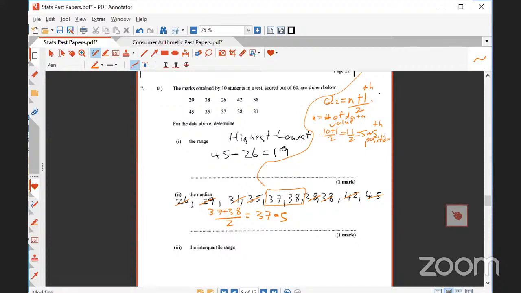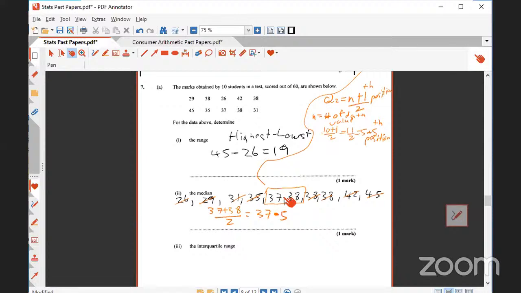If I go to the same numbers that I arranged in ascending or descending order, and again, you still have to arrange them, it says 5.5, so 1, 2, 3, 4, 5. But because it says 5.5, it's going to be somewhere in the middle of these two numbers. So we still would have to add these two numbers together, and whatever you get after that is going to be your answer.